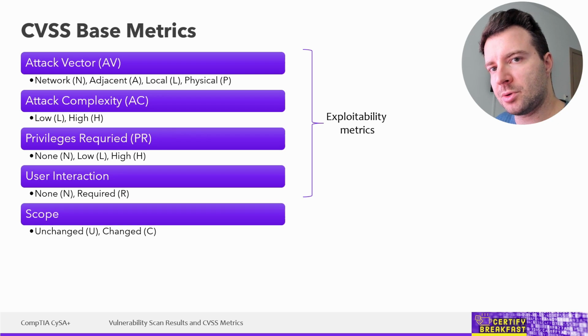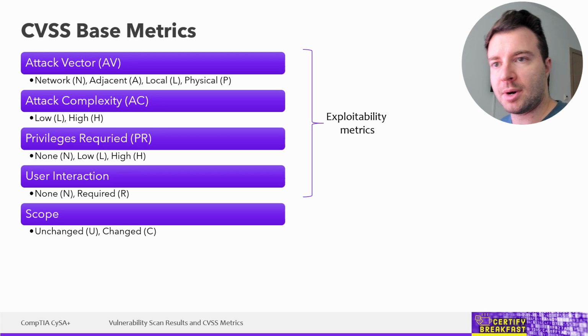The scope metric describes whether a vulnerability in one component can impact other resources outside that component's security scope. Well, what is the security scope? Let's assume that I have a web application that is the sole user of a database. So the database is only being accessed by that web application. This means that the database belongs to that web application's security scope.